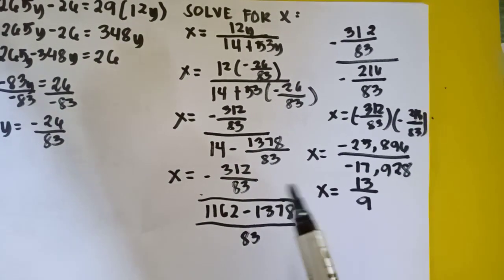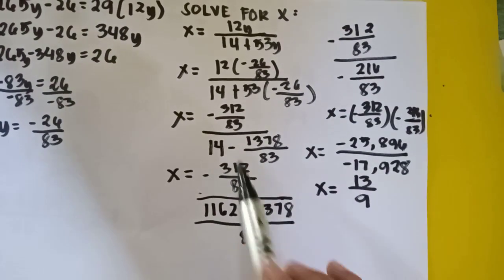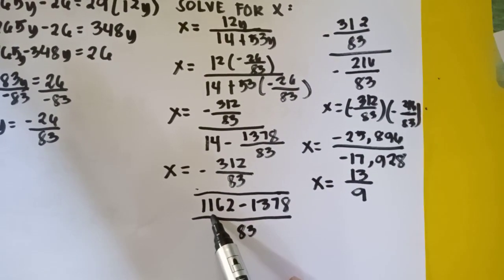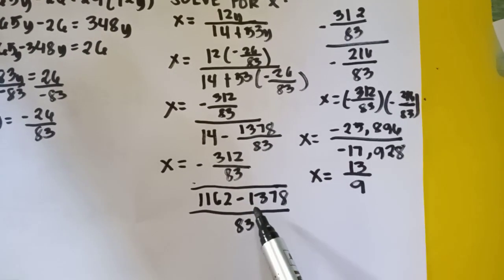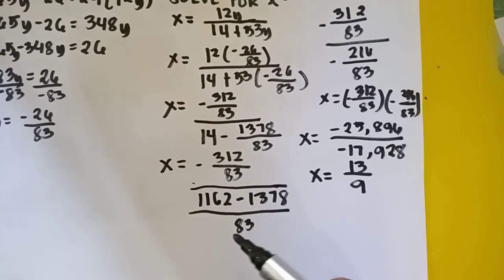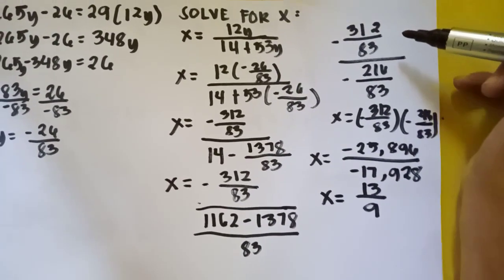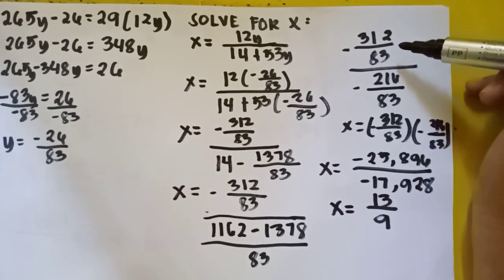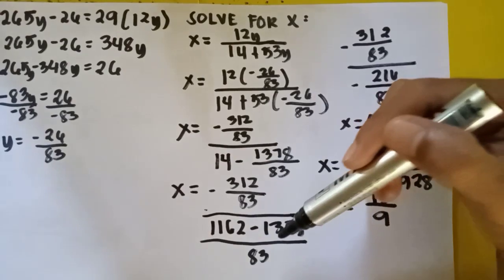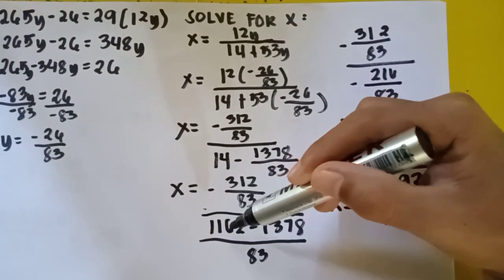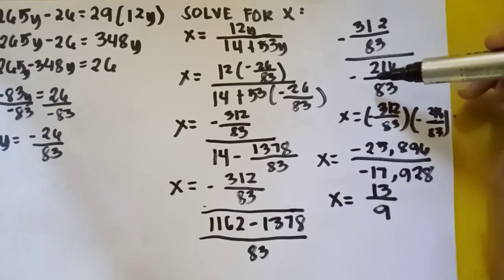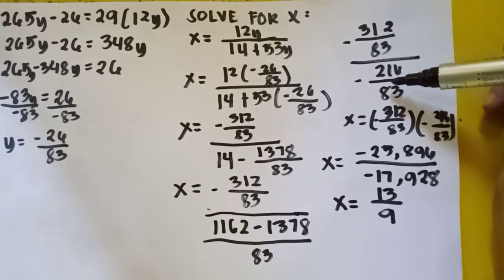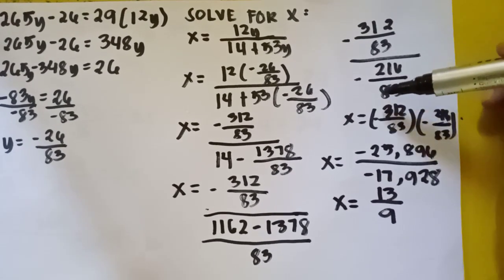Then copy negative 312 over 83, and then 83 times 14 is 1162 minus, copy the 1378 over 83. Negative 312 over 83 over 1162 minus 1378, which is equal to negative 216 over 83.